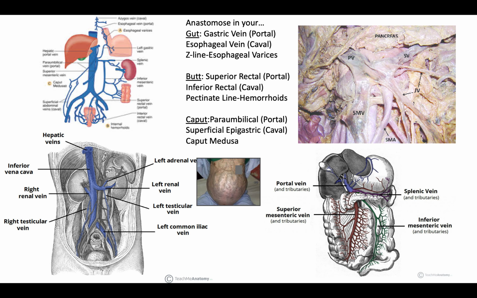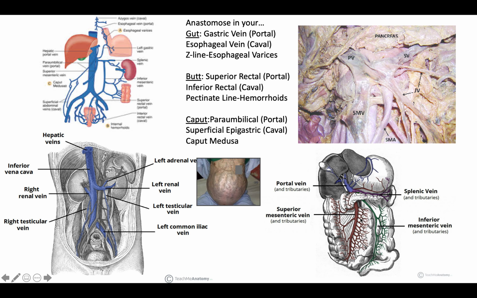Okay? The big thing to know is that the splenic vein is coming all the way across. And I know vasculature can be variable, but for the most part, your inferior mesenteric vein, which is basically draining everything that the inferior mesenteric artery supplies, your left colon, your sigmoid colon, and your superior rectum, is going to go directly into your splenic vein. So your inferior mesenteric vein is going straight up to the splenic vein.